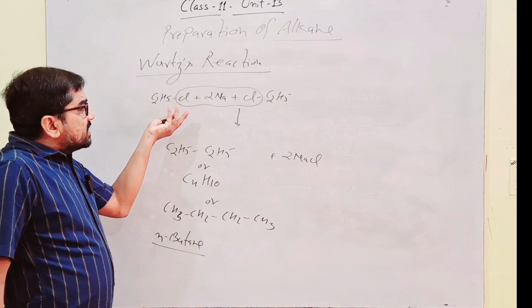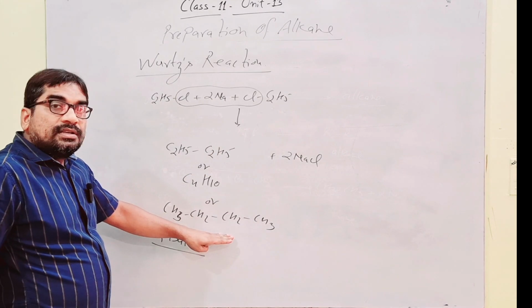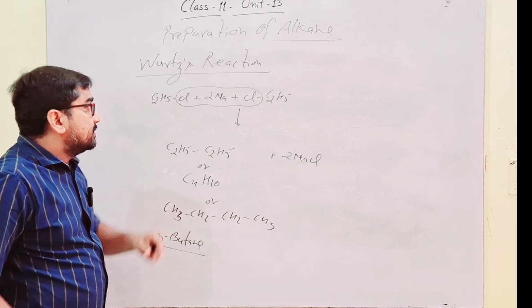So here an alkane with double the number of carbon is obtained.